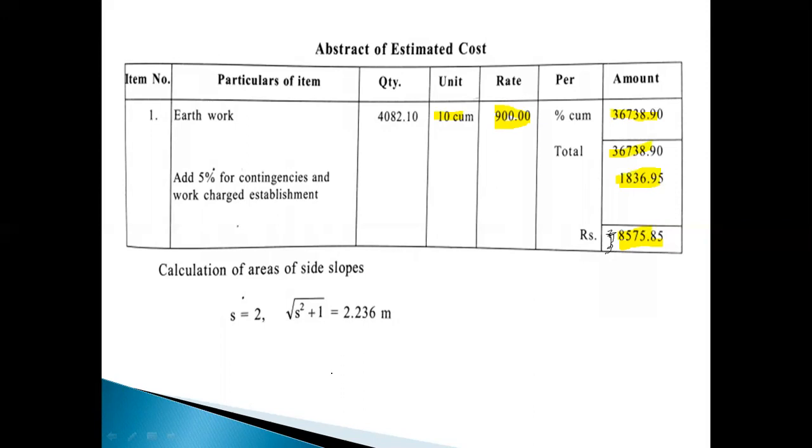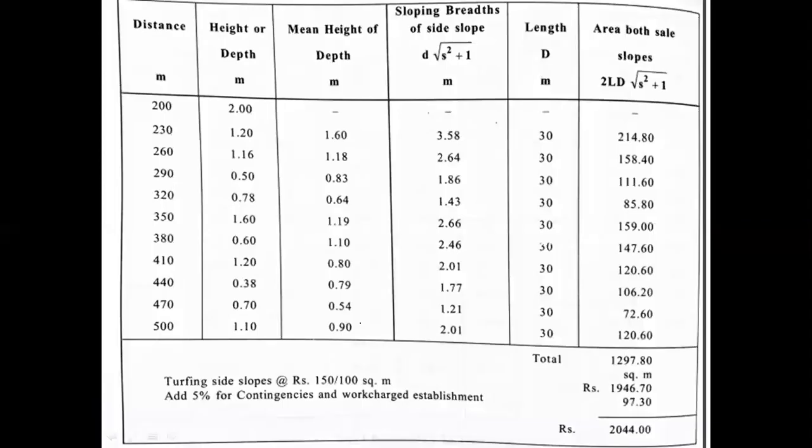Next one, calculation for the area of slopes: the slope length is the square root of S square plus 1, which equals 2.236. Next, go to the table form for the side slopes: distance, height or depth, mean height, sloping breadth of the side slope, d into root of S square plus 1, and length, area of both side slopes 2L into d root of S square plus 1. So distance is 200 up to 500.